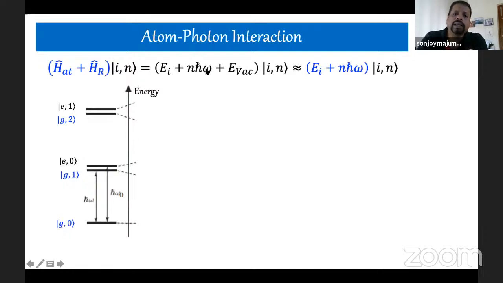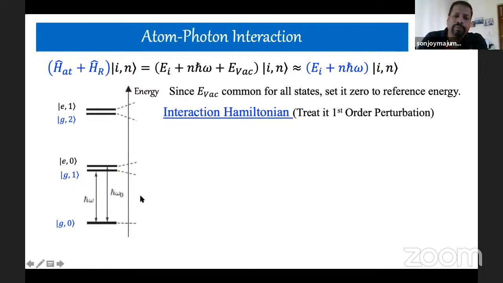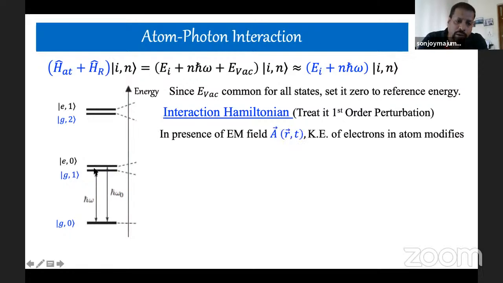If we have light of frequency omega, and we consider a transition or resonance frequency omega naught, this omega naught is nothing but the energy difference between the excited state and the ground state without any presence of a photon. So it is the isolated atom, and that frequency is what we call the resonance frequency.